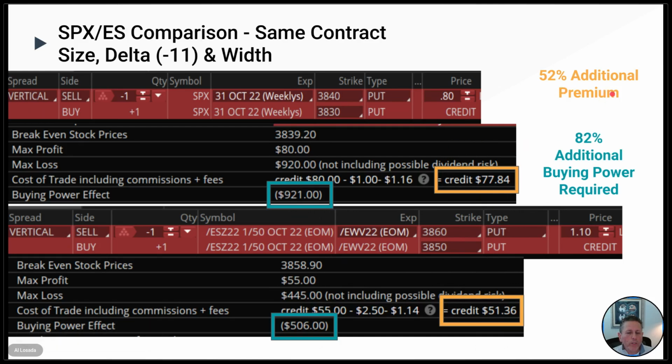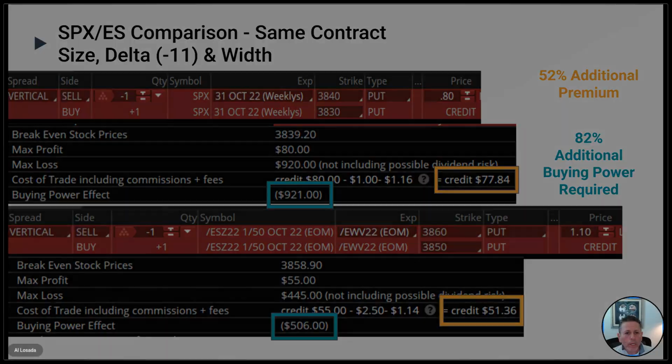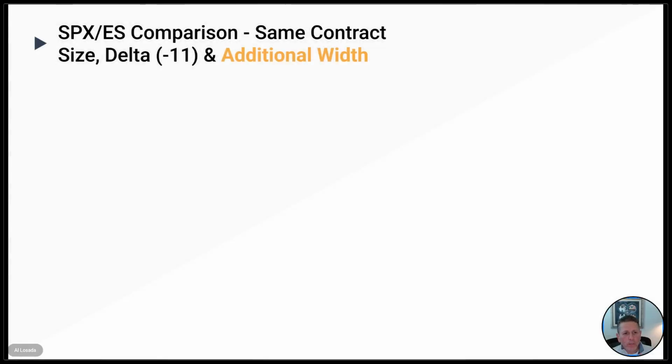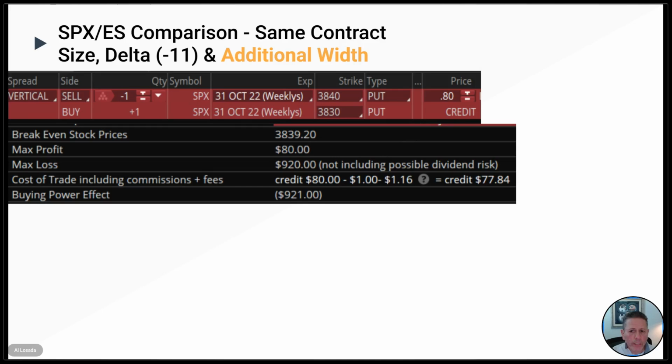Here you have 52% additional premium with SPX, and 82% additional buying power required. That allows you to trade smaller. Now let's do it a different way, by adding width to the position.